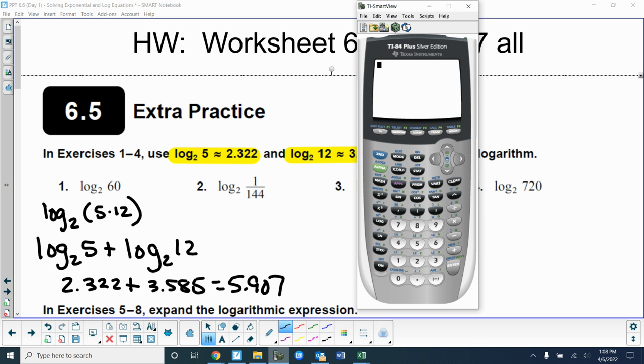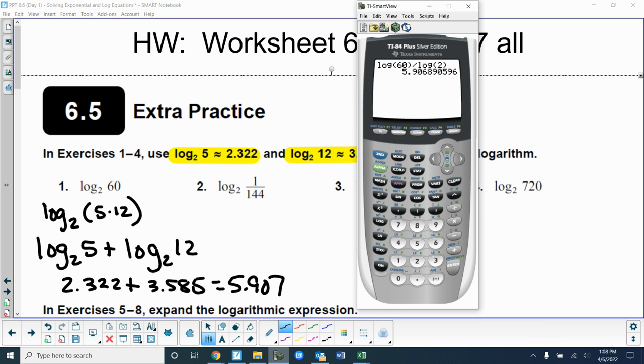Log of 60 divided by? Right. So let's see if we get 5.907. Log of 60, close it up, divided by log of 2, close it up. Is that 5.907 if I round it? Yes. So we're just going to use the calculator on those types of problems. Okay?